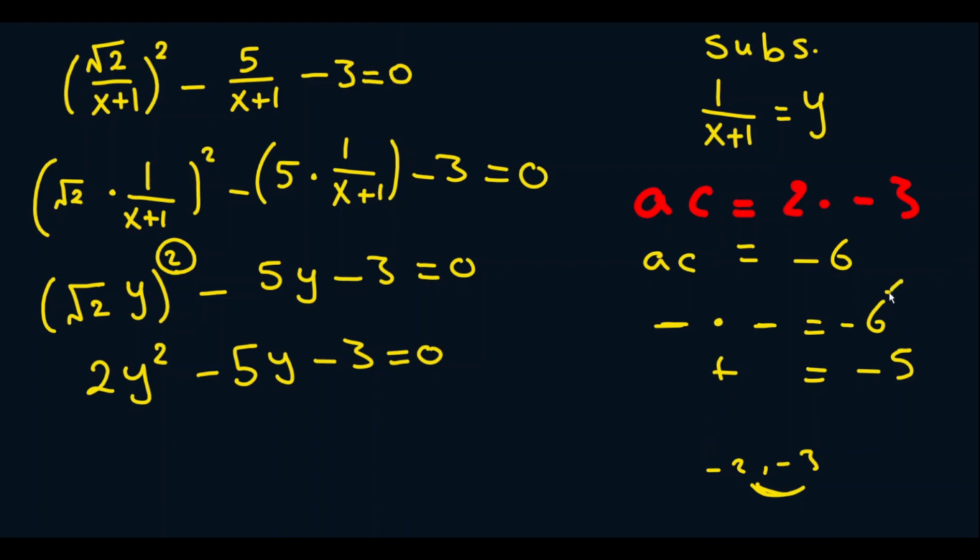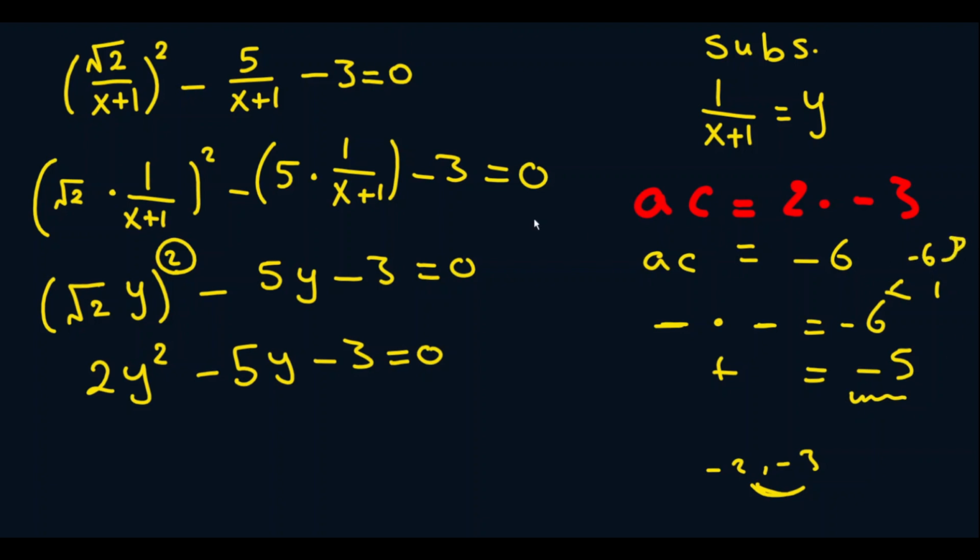The factors 2 and 3 will not work in this case. Since we have negative 6, we're going to use 6 and 1, and choose which one will be the negative. Since we are dealing with negative 5, we need the bigger number to be negative.